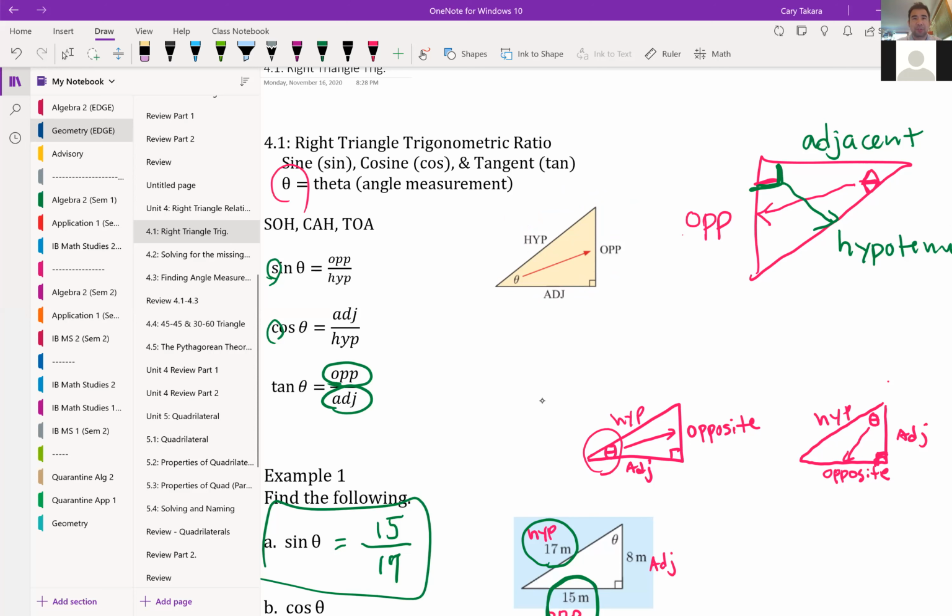You need to be able to correctly label those. If you can't, then no matter what you do after that, it's probably not going to be correct, okay? So first, you identify the focus angle.